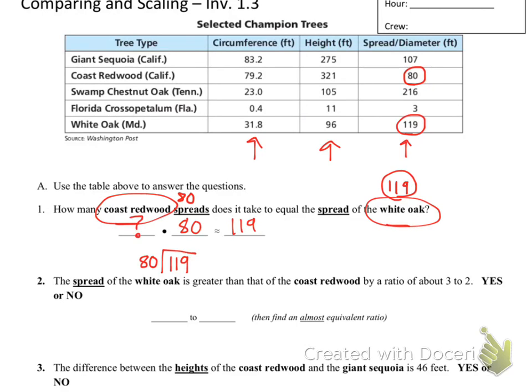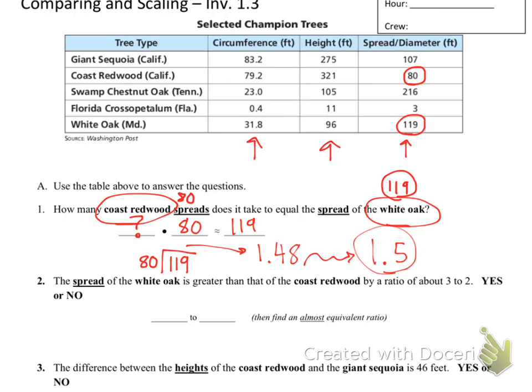And when I do 119 divided by 80, the answer I get is 1.487, but how about we round that to about 1.5? So it's about 1.5. About 1.5 of the redwoods make a white oak tree.